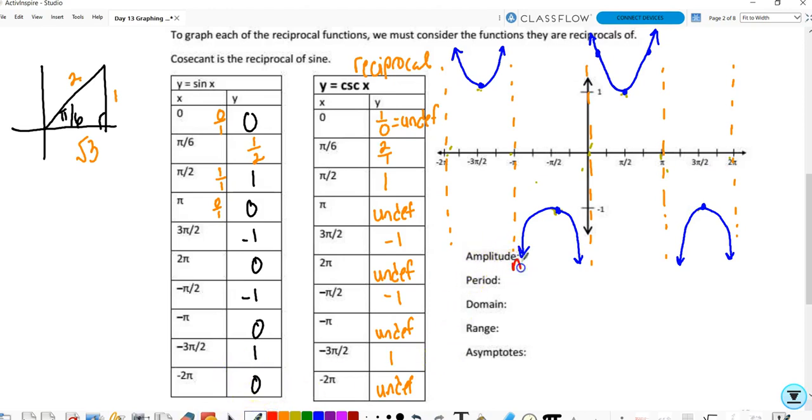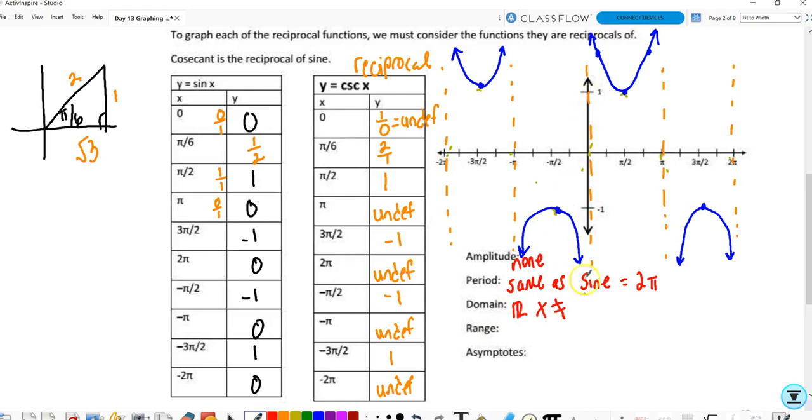Okay, again, there's no amplitude because there's no height when you have these graphs going up and down forever. The period is the same as sine. It's 2 pi because a pattern of an up shape and a down shape is one rotation or one period. Domain, we're going to write similar to the way we did tangent. It's all real numbers, but x cannot be.